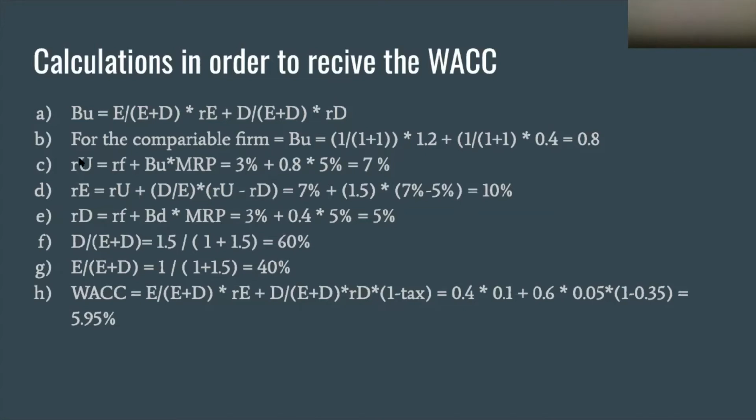Then, when we have calculated the unlevered rate of return, we can calculate the equity rate, and that becomes 10% with the numbers given. Then we can calculate the debt rate, which becomes 5%. And then we calculate the debt through the company value and equity through the company value, and we receive 60 and 40% respectively. Now we have all the components we need to solve for the WACC in order to calculate the NPV.